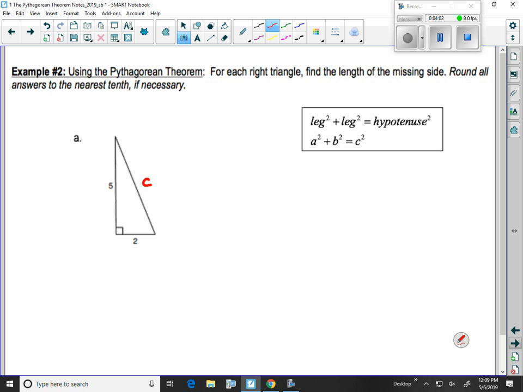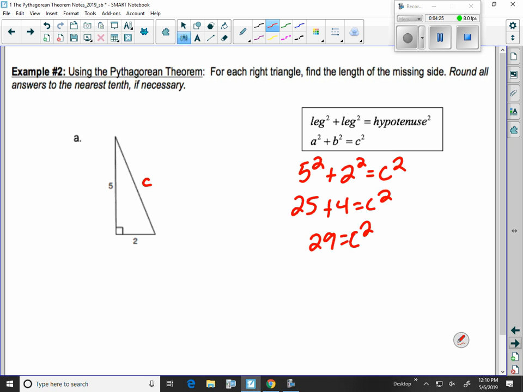So we use our formula: 5 squared plus 2 squared equals c squared. That would be 29. How do I get C by itself? Square root. We square root both sides to get rid of the square.